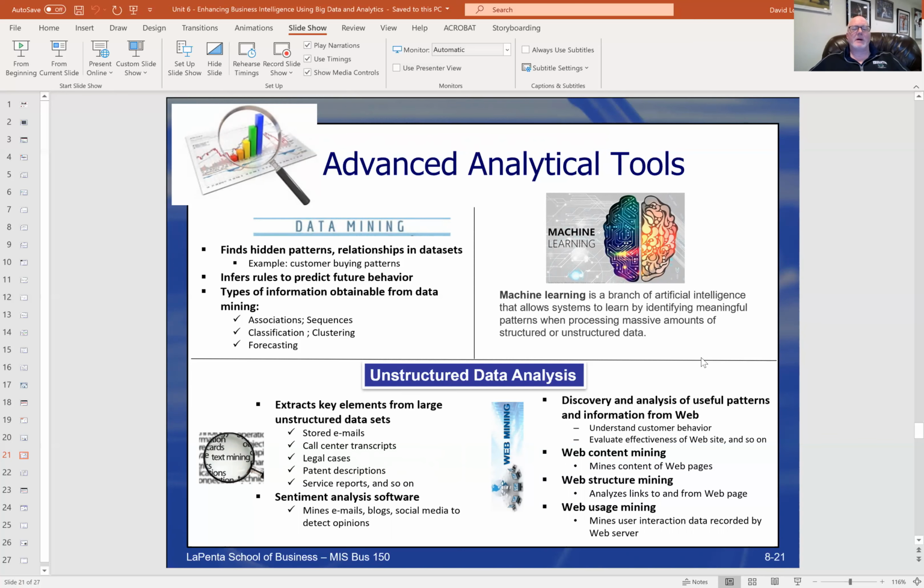Then there's unstructured data analysis. If you remember, there's structured data, which is like relational databases. And then there's unstructured data. It could be who's tweeting about something. There was a lot of news today about the NBA players who had the coronavirus.